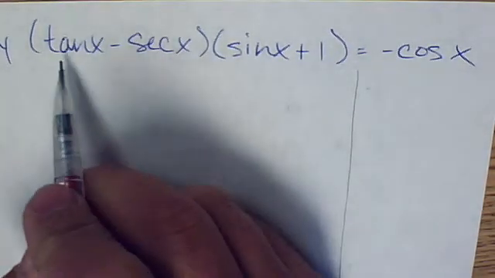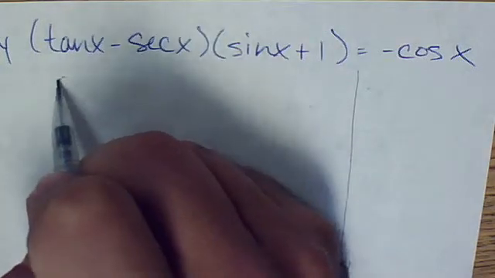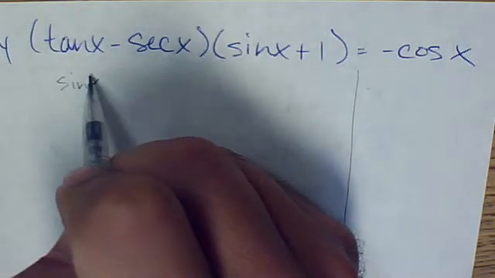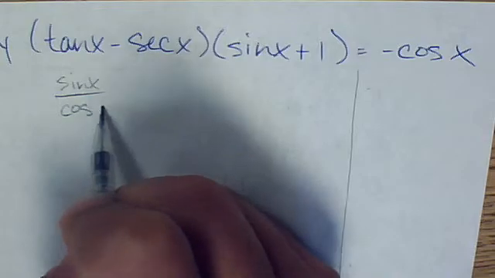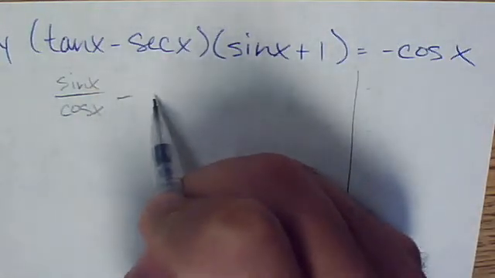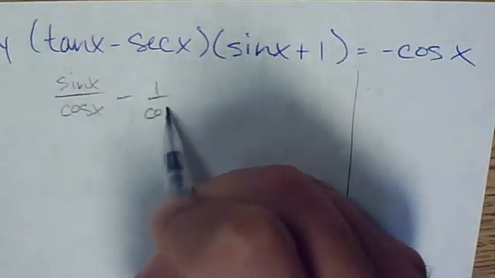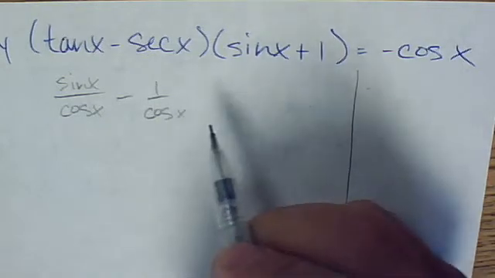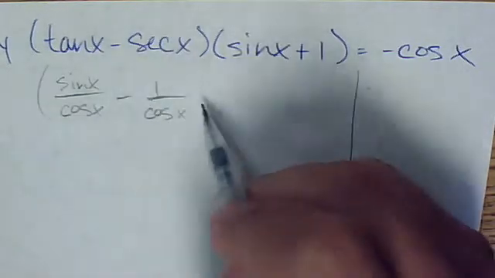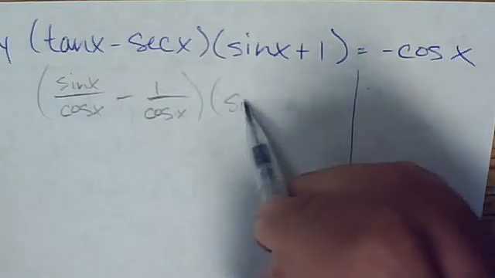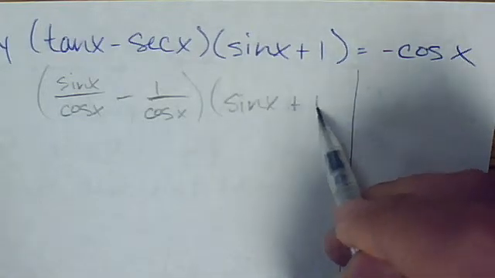So let's take tangent and rewrite that as sine over cosine minus 1 over cosine. And that's multiplied times sine x plus 1.